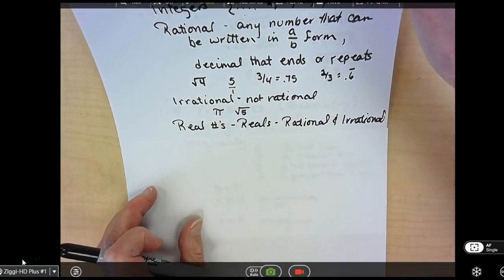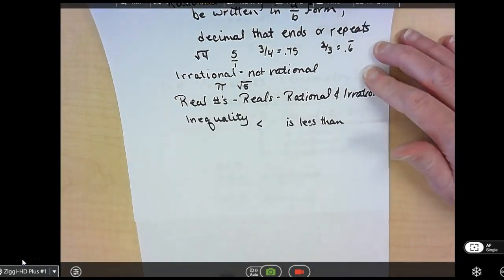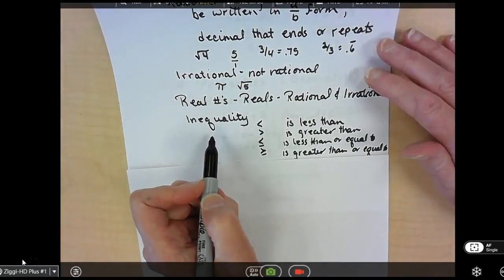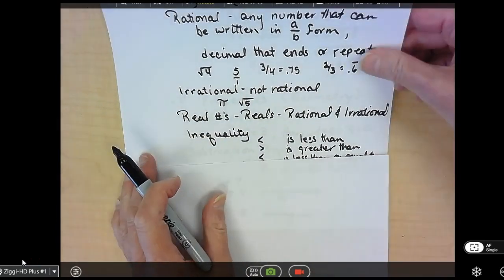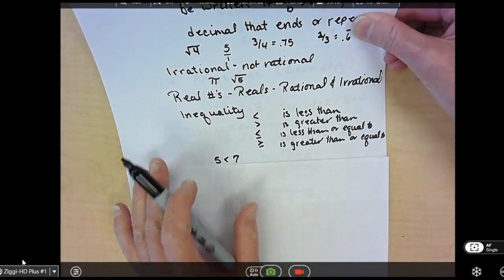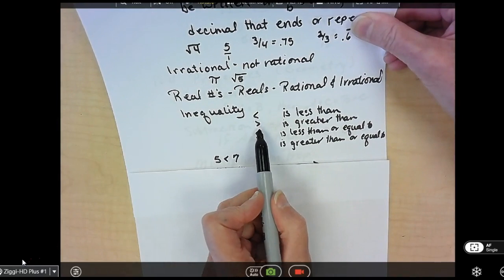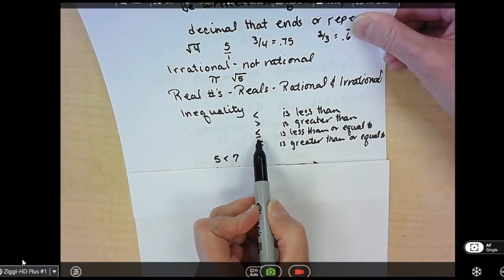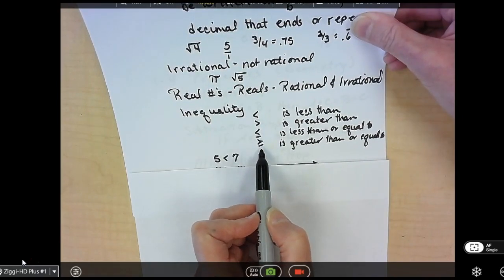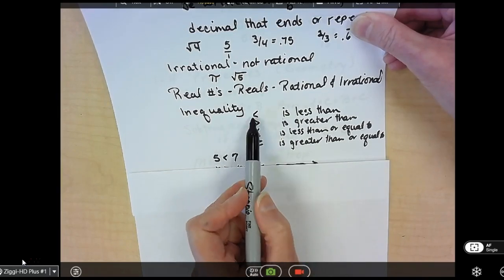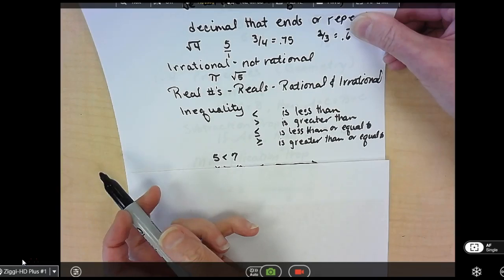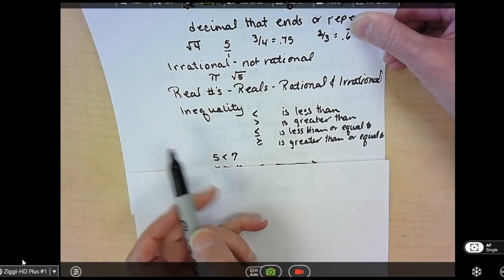So in looking at those numbers, we're going to be talking about inequalities. That is, are less than, greater than, less than or equal to, or greater than or equal to. So those symbols, when it's less than, it's just continuing to the left on a number line.